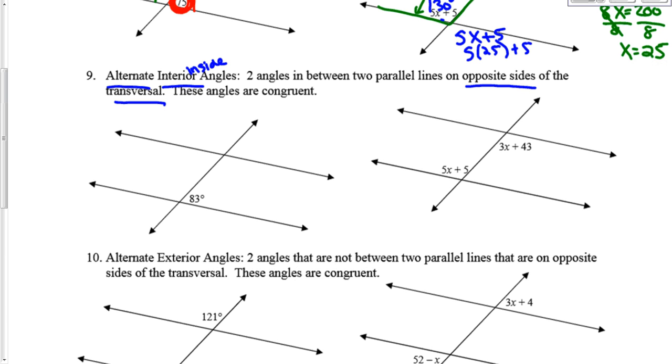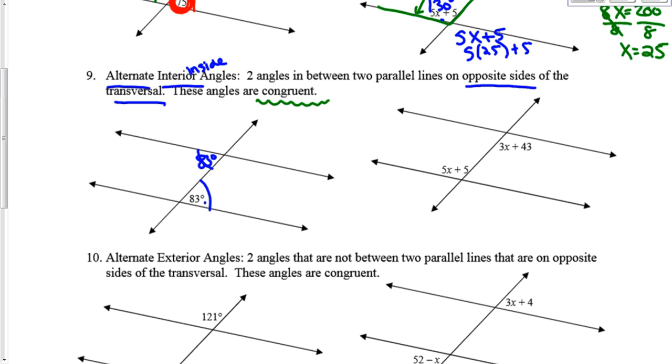So here we have one, and here's my other one. The two blues are a pair of alternate interior angles, and it tells us that the measures are congruent. Remember, congruent being the same, they are equal measure. So if this angle is 83, this angle is going to also be 83 degrees.